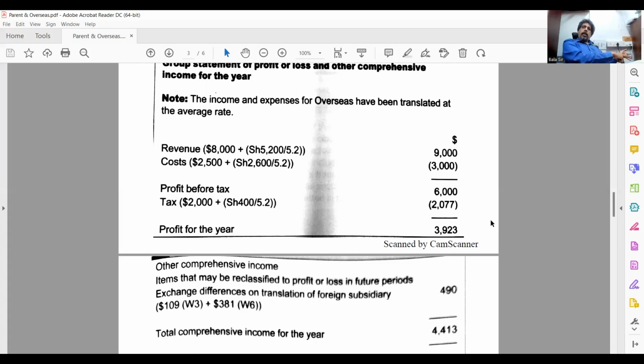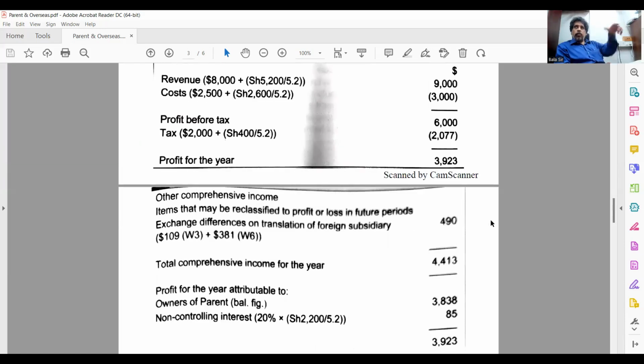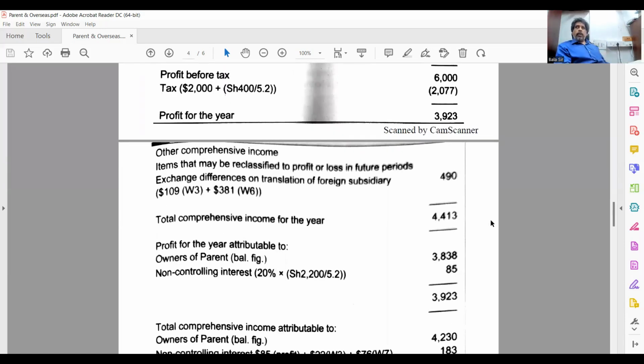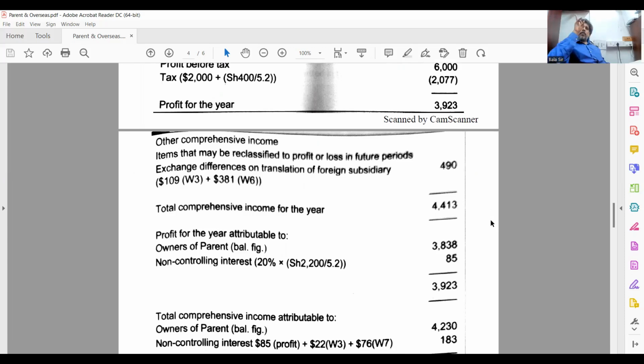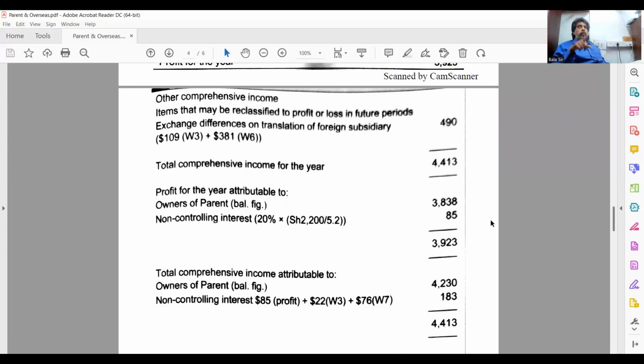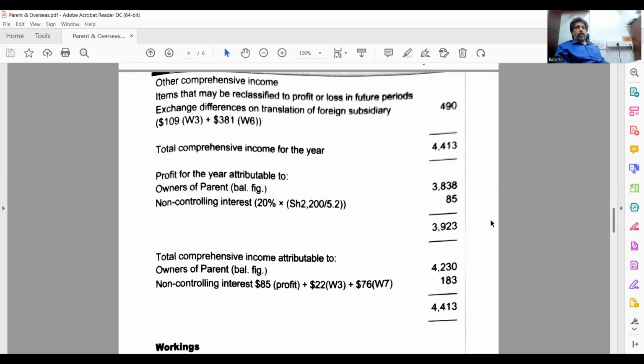The parent entity and NCI. But don't take 20% of this amount. This amount includes even the profit made by the parent entity on its own. You can take 20% only on the profit made by the subsidiary. Very important. Anyway, now we start with other comprehensive income.